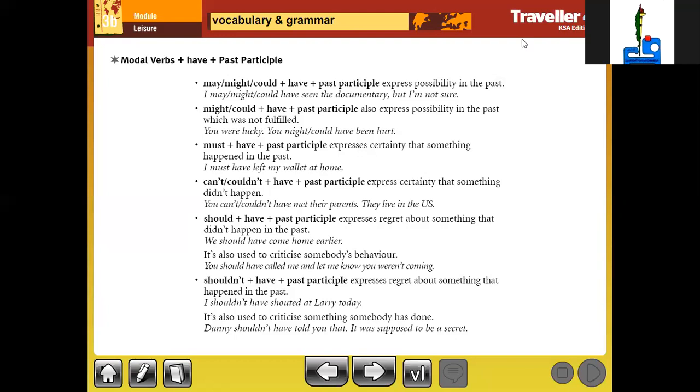Perhaps something happened, but we are not sure. When we are not sure that something happened or not, we use may or might or could plus have plus past participle of the verb.